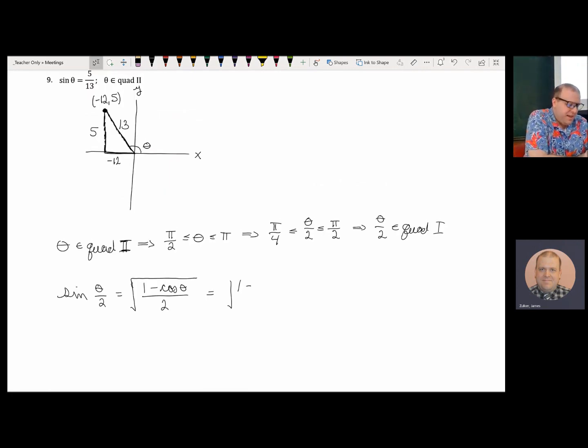What is cosine of theta? Now we just have to simplify.